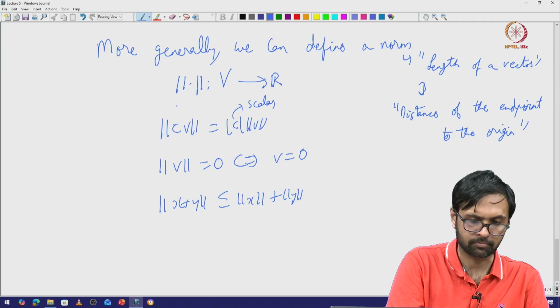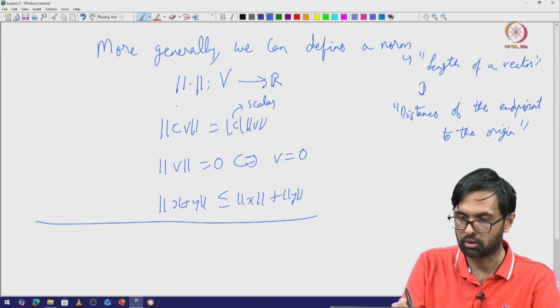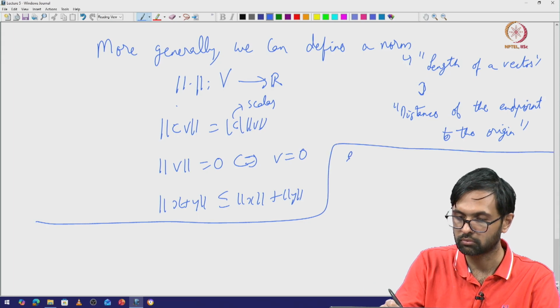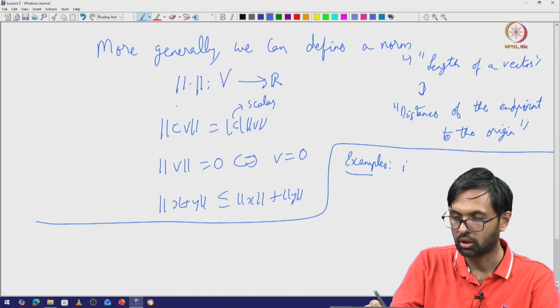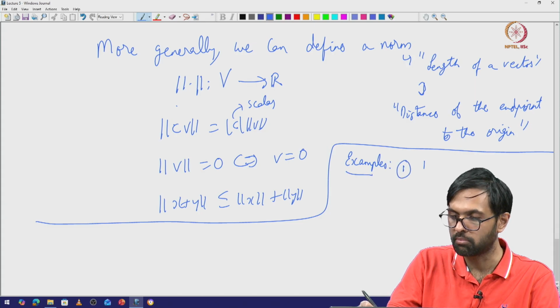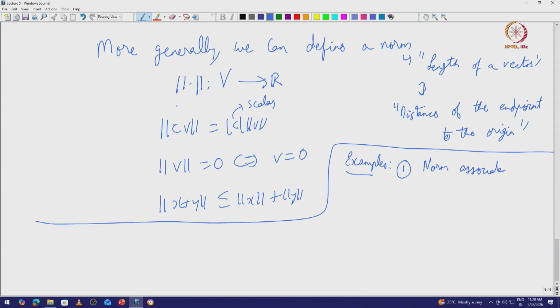Now, what are examples of norms? The usual norm associated to an inner product, to a dot product, namely this one, that's defined to be this. And by the triangle inequality proven here, all the properties are met.